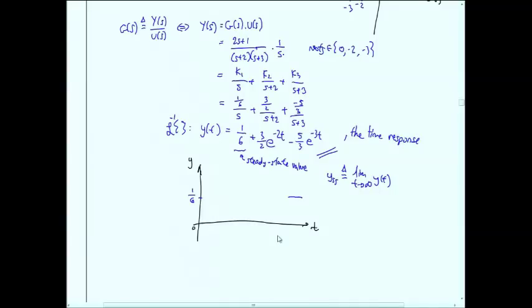And then what's it going to do until then? Well, you could evaluate it at 0, and you'd find that in fact it starts at 0. This function is fairly well behaved, and its initial conditions are 0, by definition, the transfer function.